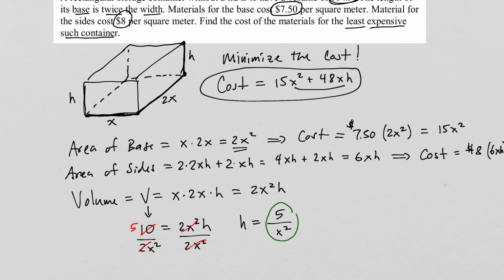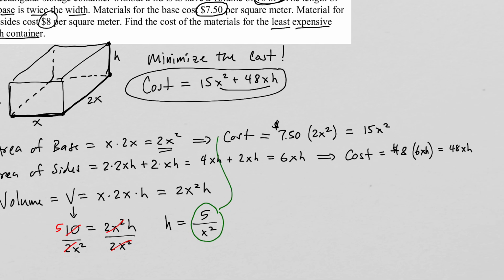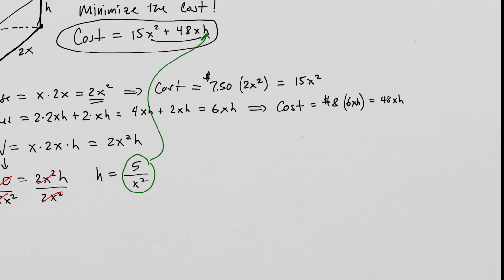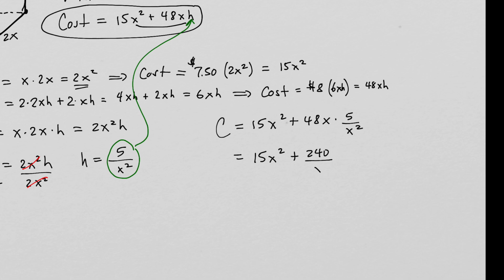And because now we know h is equal to this quantity, we can substitute this into our cost function. So now our cost function, which I'll just call C for cost, is 15x squared plus 48 times x times h, which is 5 divided by x squared. Let's simplify this. We have 15x squared plus 48 times 5 is 240. And then this is going to be over x because this x here cancels out one of those x's.